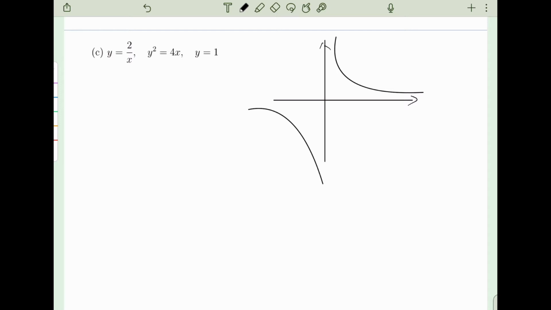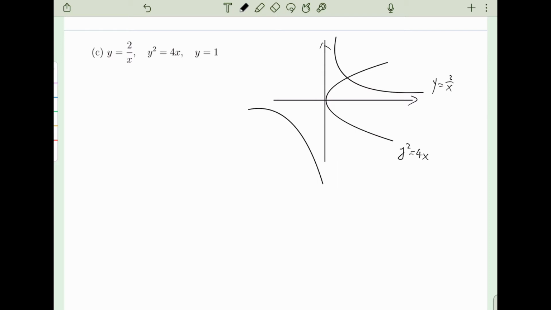That's a parabola, and its opening is on the right side. So it's like that. This is y squared equal to 4x, and this is y equal to 2 divided by x. And we also need y equal to 1.